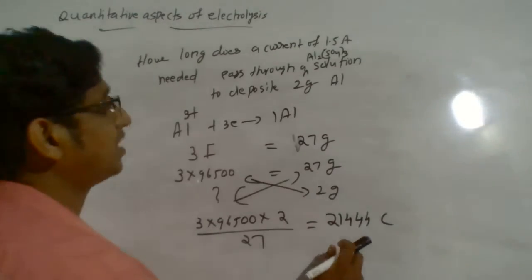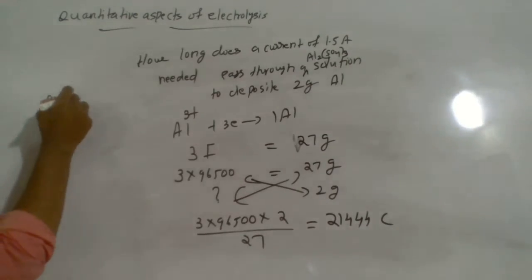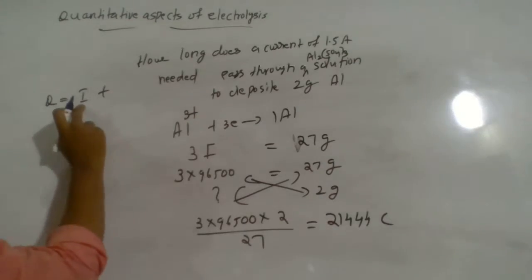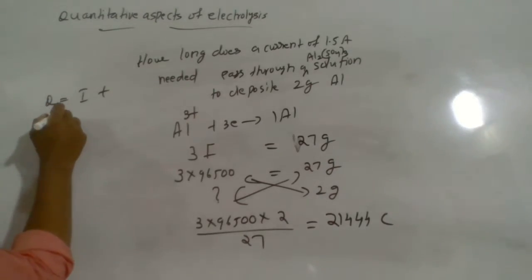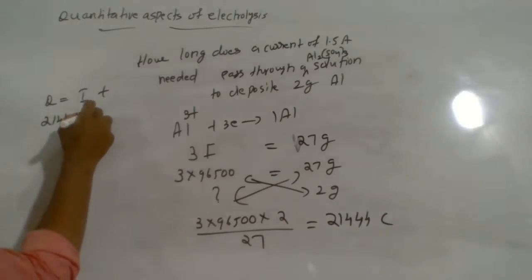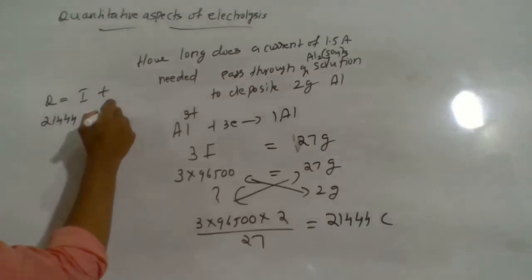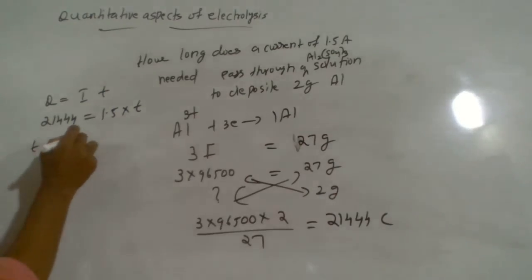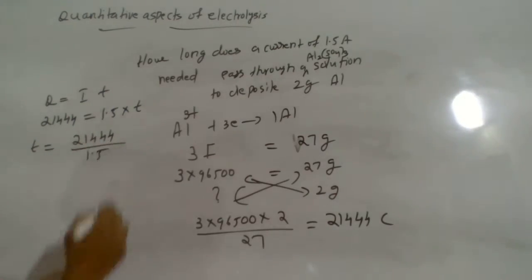Now what's the question? How much current? We know Q is equal to I t, right? Q is equal to I t. Here now I is given, current is given, and we have the value 21444. That's the quantity of electricity, and current is 1.5 ampere. How long? Which means you have to find the time. How can you find the time? 21444 divided by 1.5.